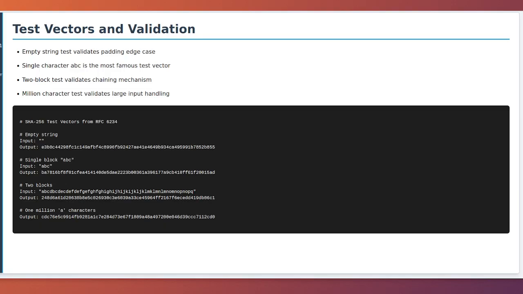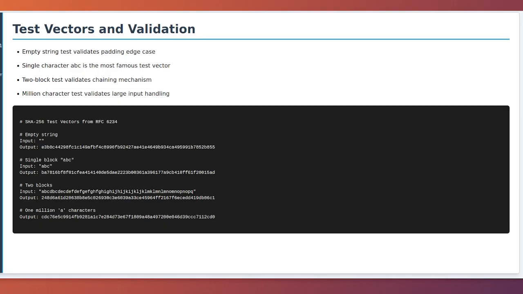Each test vector is precisely specified with the input message in hexadecimal or ASCII, and the expected output hash in hexadecimal. When implementing SHA-2, you should run all these test vectors and verify your outputs match exactly, byte for byte. Any discrepancy, even a single bit flip, indicates a bug in your implementation.